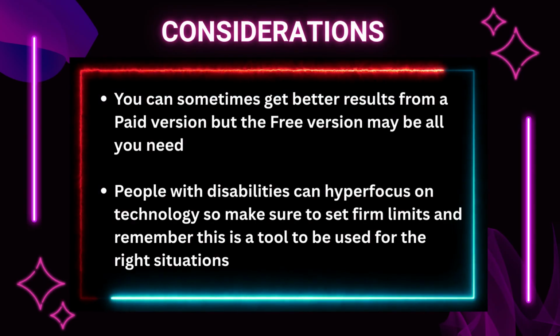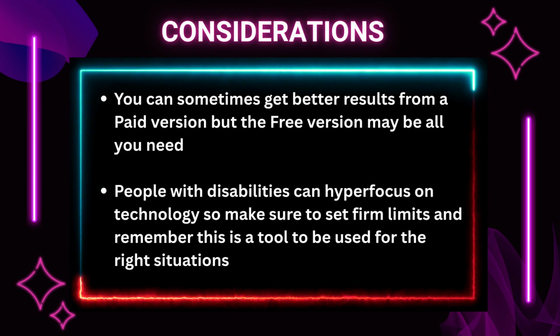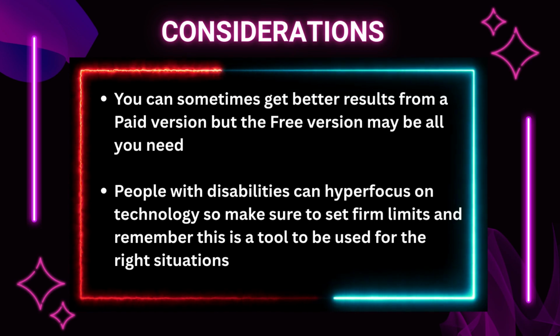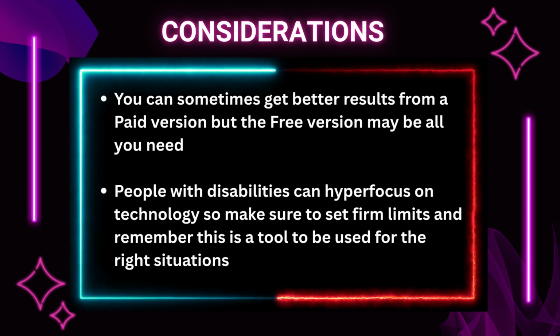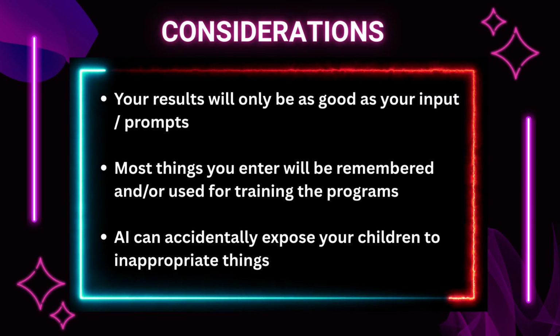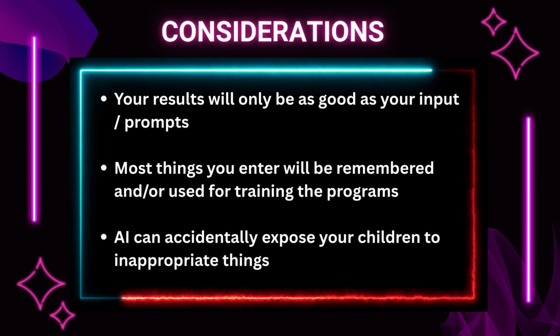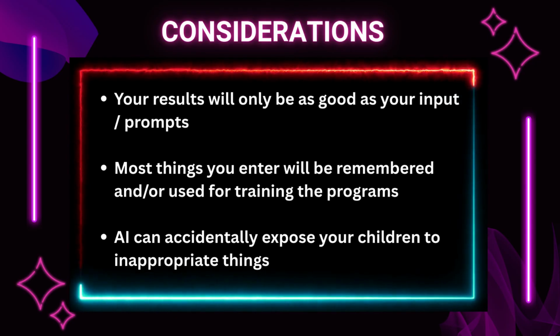Some children may hyper-focus on technology, so families should include structure and limits on what and how much time can be spent on these or any other computer programs. Like we just mentioned, AI outputs are only as good as the prompts given, so try to be as specific as possible.